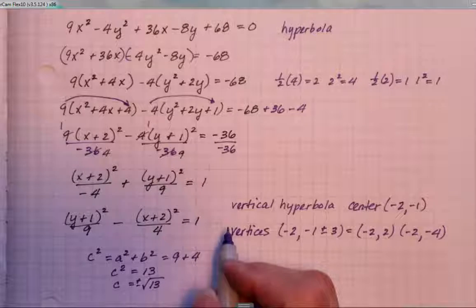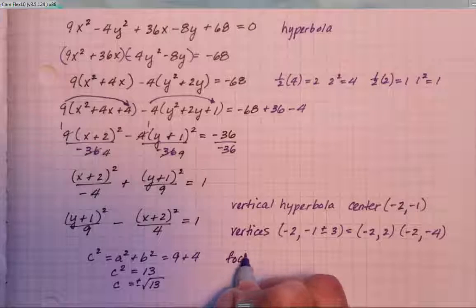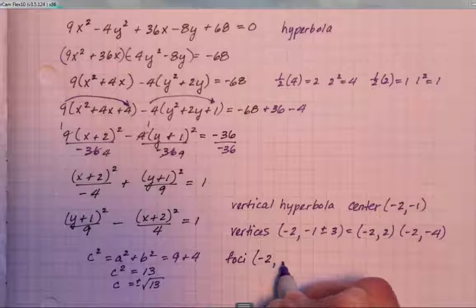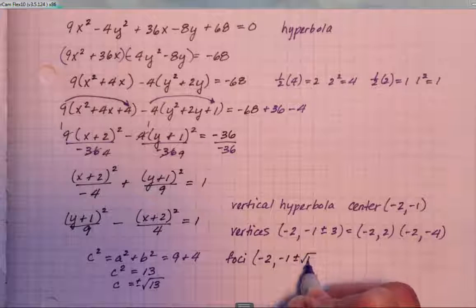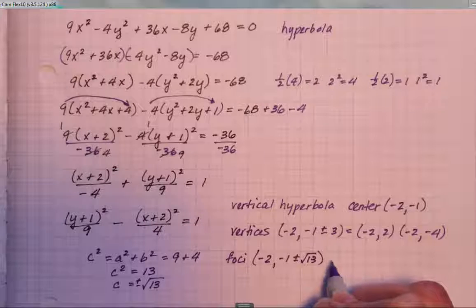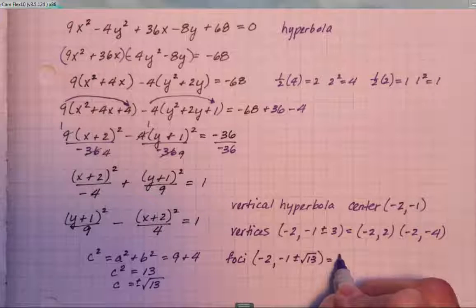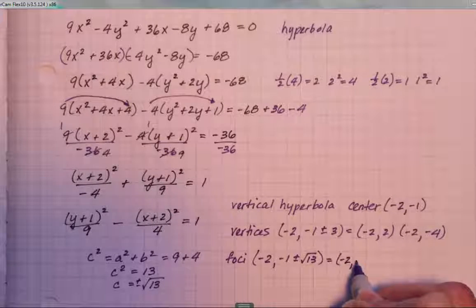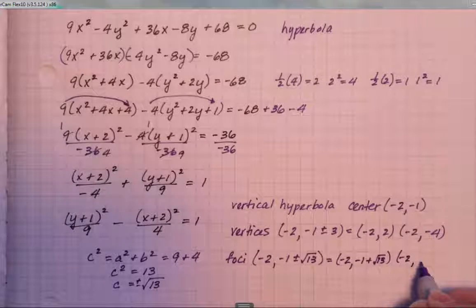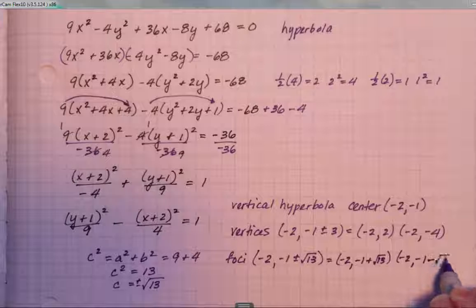So then my foci are going to have coordinates -2, -1, plus or minus the square root of 13. They're in the same direction as the vertices. And then I can separate them: -2, -1 plus the square root of 13, and -2, -1 minus the square root of 13.